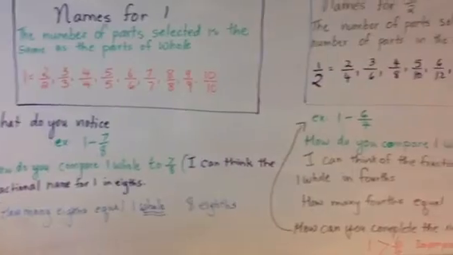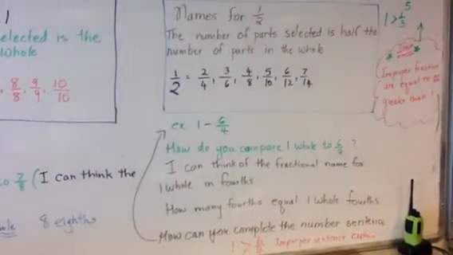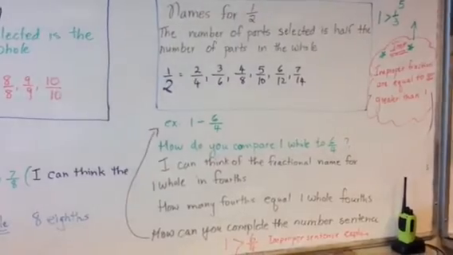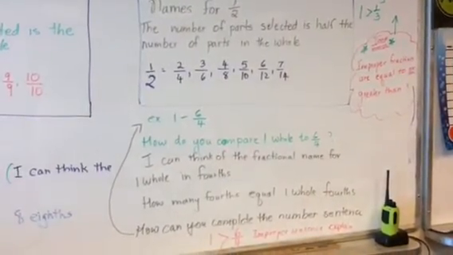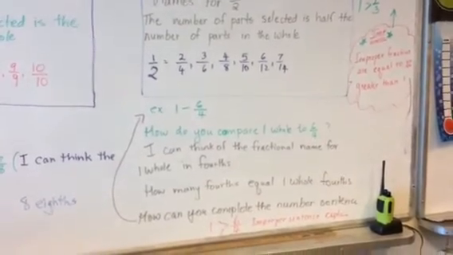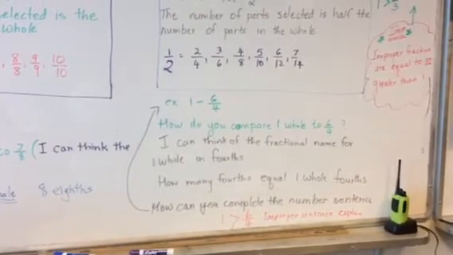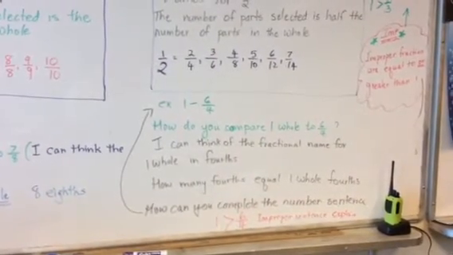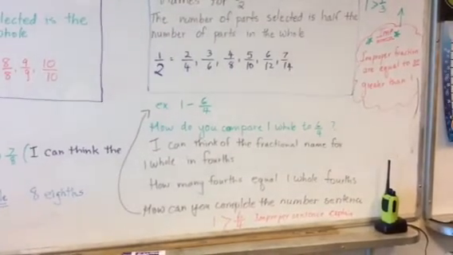Now go on to another example. 1 and 6/4. How do you compare 1 whole to 6/4? I can think of the fractional name for 1 whole as fourths. The bottom number, the denominator, is how many parts it's divided into. How many fourths equal 1 whole? 4 fourths.